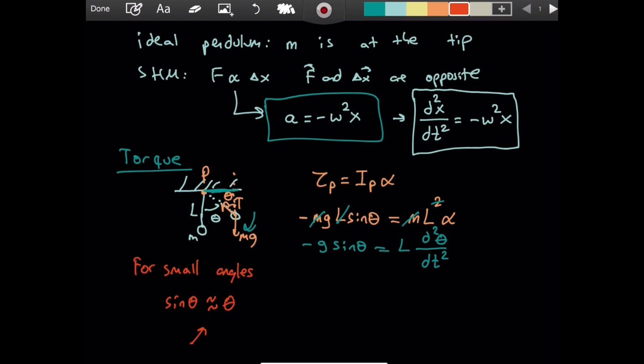In degrees, this doesn't make sense, obviously. But if you use radians, this will be correct. And by small angles, you can have different opinions on this, but it is around less than 10 degrees. Even though I give it with degrees to visualize it, please use the calculator on radians, because otherwise you will not get the right answer.